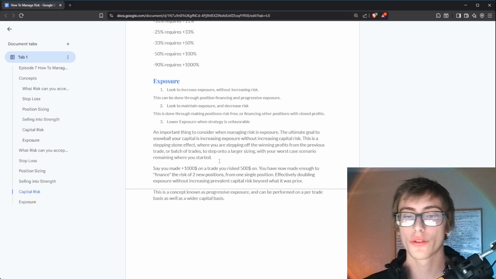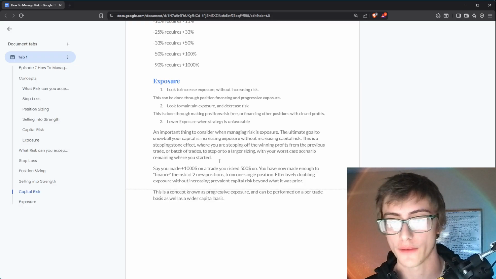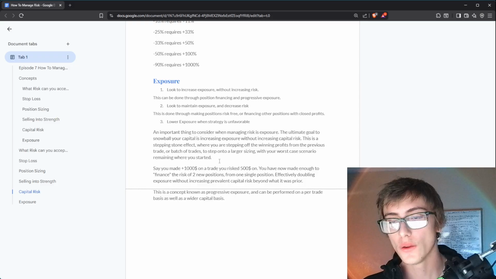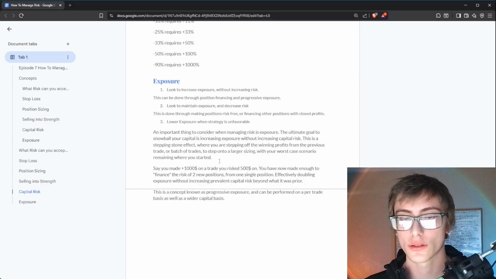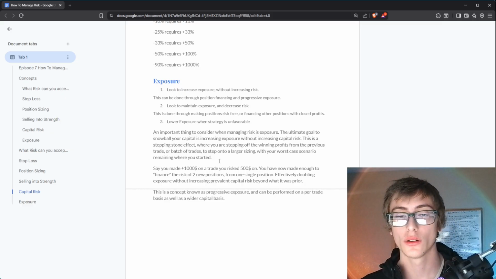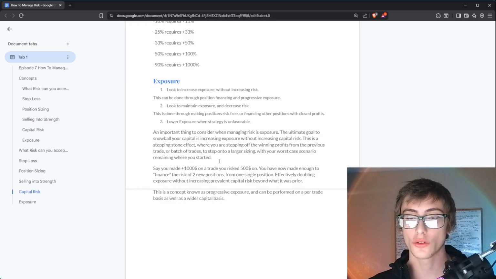Say you made plus $1,000 on a trade you risked $500 on, so a 2R. You have now made enough to finance, quote unquote, the risk of two new positions, right? Two positions with $500 of risk you can finance because you've made $1,000 in profit. So from one single position, you have effectively doubled your exposure without increasing your prevalent capital risk beyond what it was prior, right?